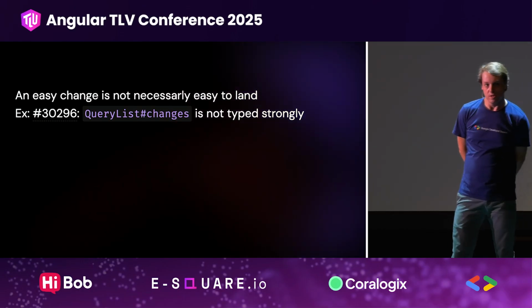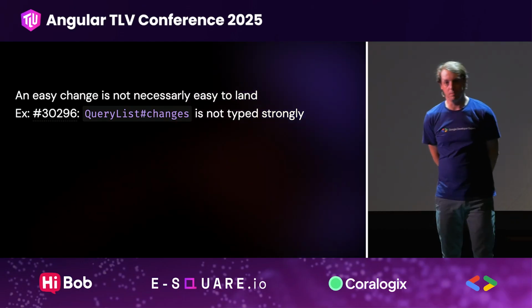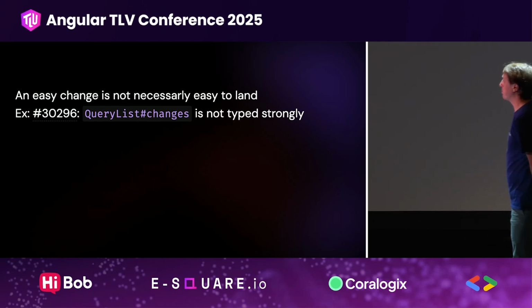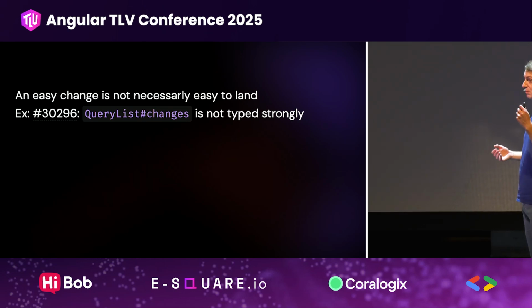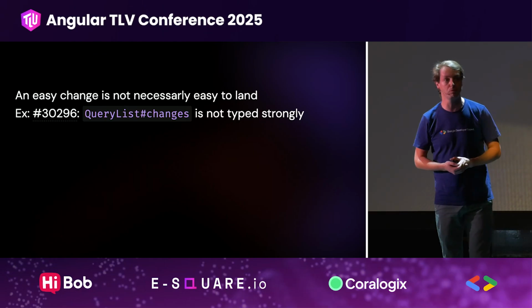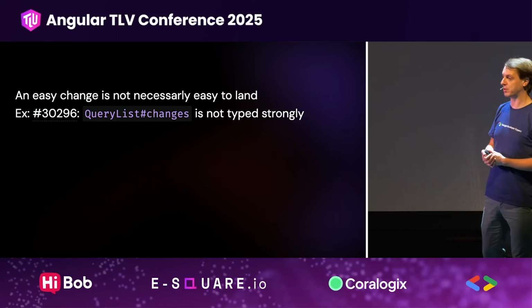About breaking changes, you will notice that sometimes some changes look apparently easy to do, but are very breaking. I took an example from a PR I tried to do when I started doing some open source contribution.